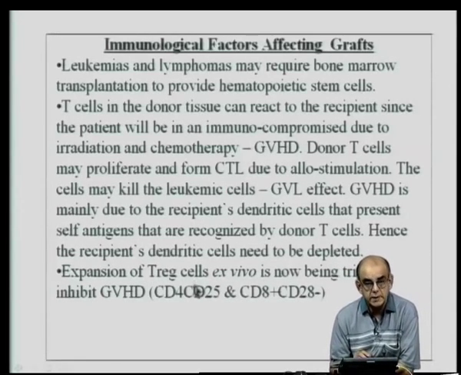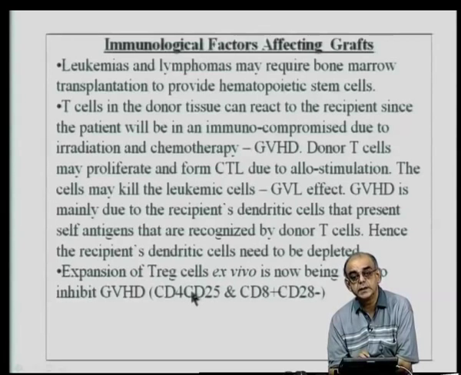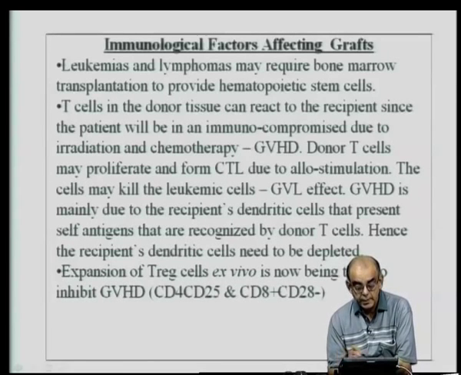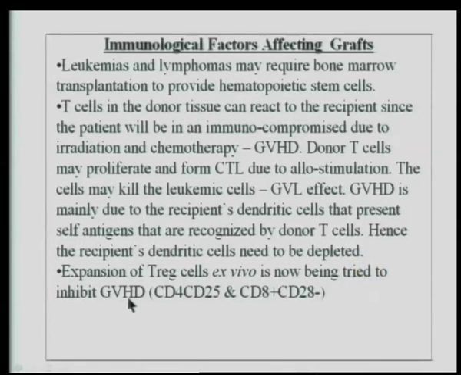Expansion of Treg cells, as I told you earlier, regulatory T cells are immunosuppressive T cells, they suppress cytokine release. So, if many of these Treg cells are expanded, then you have a good prognosis. So, they take them out and expand them ex vivo, that is now being tried to inhibit graft versus host disease.